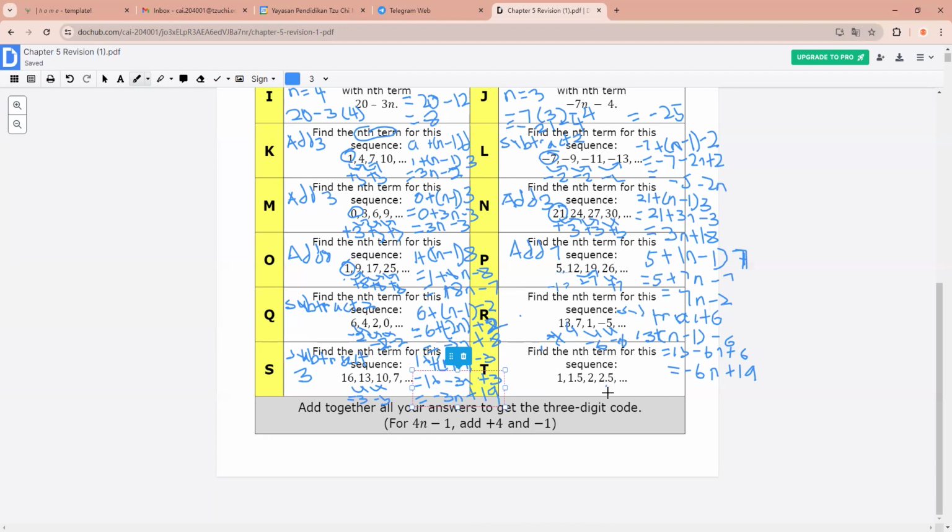Last question, find the nth term for the sequence. The term-to-term rule here is add 0.5. The first term is 1 plus n minus 1 times 0.5.